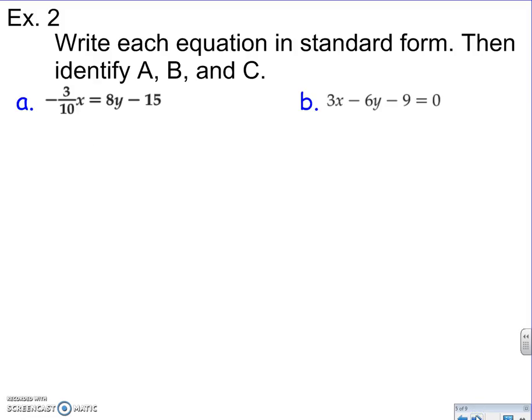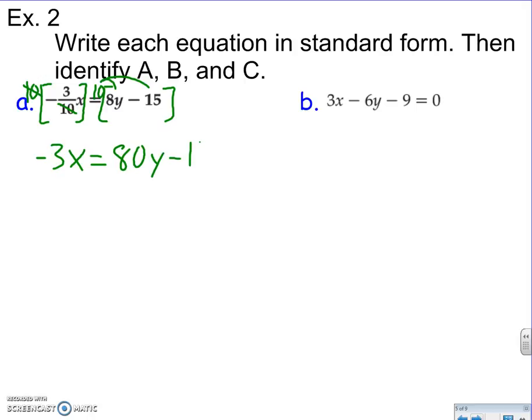Alright, so example 2, write each equation in standard form, then identify A, B, and C. For A, I see the fraction, negative 3 over 10, x equals 8y minus 15. I need to get rid of the fraction, so y'all know to multiply both sides by 10. Well, this 10 and this 10 cancel, so I have negative 3x equals, over here I have to distribute, 80y minus 150.